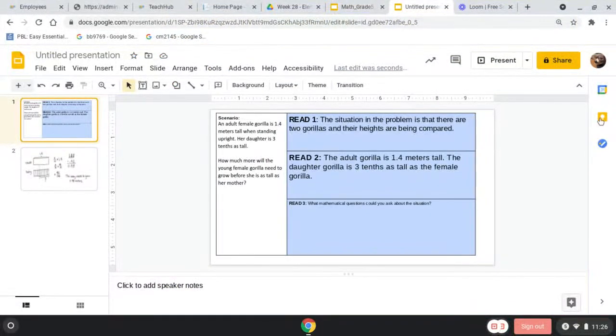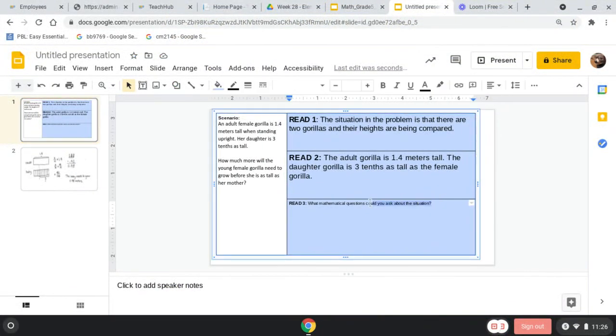Okay, so let's think about this. What type of mathematical questions do you think we can ask about this situation? One mathematical question that I think is pretty important to ask is, how tall is the daughter gorilla?